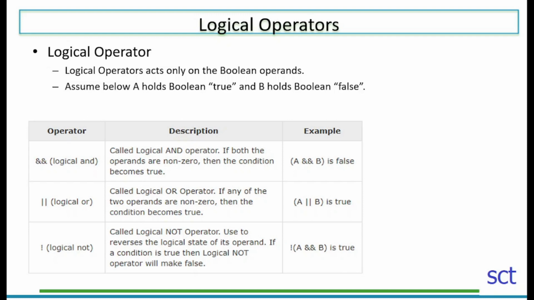So, in other words, I can say that logical operators act only on Boolean operands, which means that there should be two conditions. Any condition will give you a Boolean value, either true or false, that we have seen in the last program. Okay. So, A less than B or n1 less than n2, like that, they all result in Boolean values.